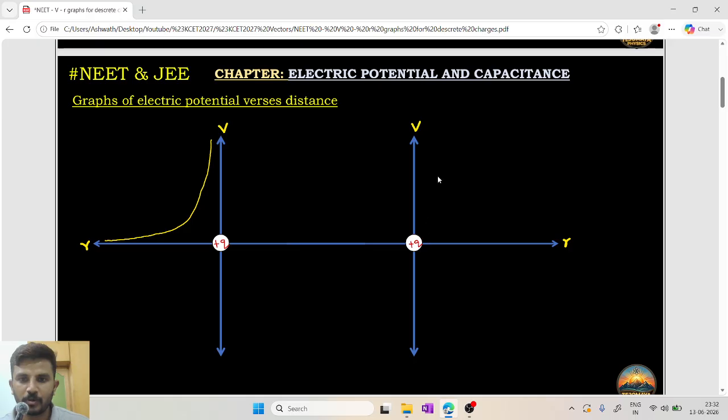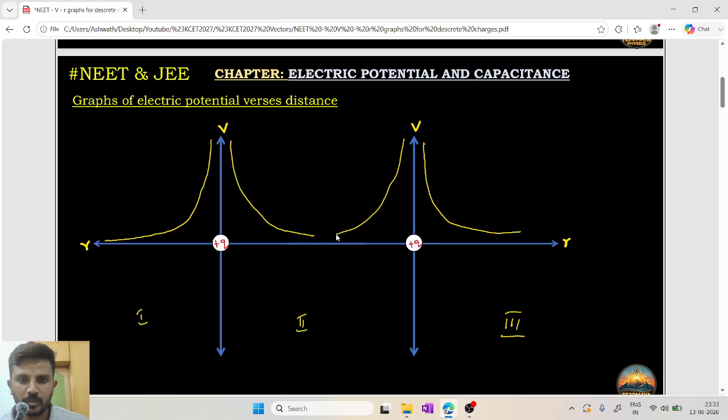And here we have a positive charge, so it goes like this. This is region 1, this is region 2, and this is region 3. In region 1 the potential is like this, region 3 potential is like this. In region 2, the potential decreases in this direction, and on this side potential decreases.